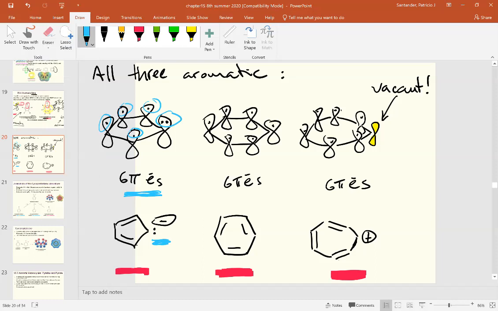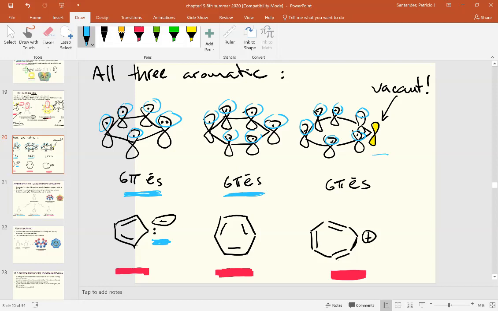Then the next one is benzene. Here, the six carbon atoms, the 6 p orbitals, have 1 electron each. And that's how we end up again with 6 pi electrons. And then in the last one, we have 6 carbon atoms with 1 electron each: 1, 2, 3, 4, 5, 6.